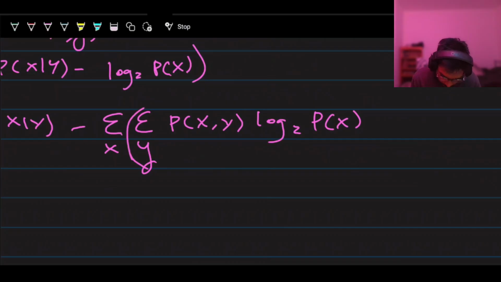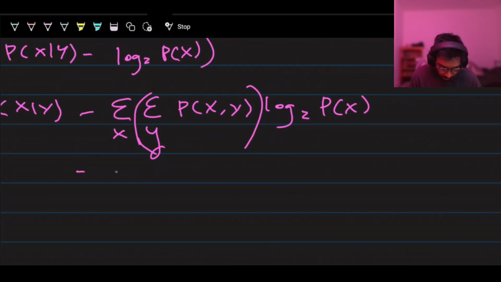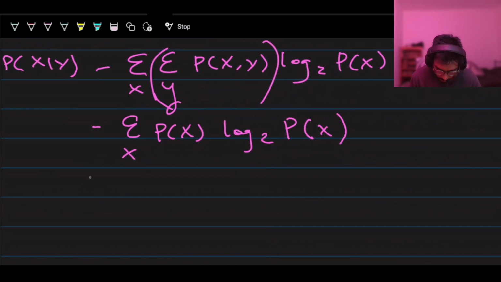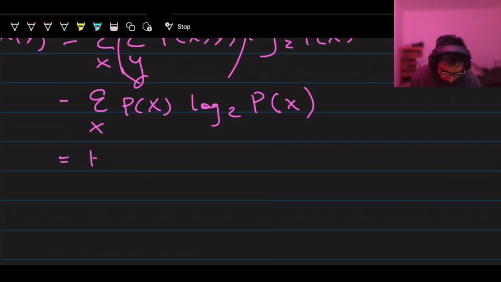Here, we're summing over all y's of p of x y, and this has nothing to do with y. P is a known PMF that should sum to 1. So we're just left with the sum over x of p of x times log base 2 p of x, which is equal to the positive h of x, the entropy of x.